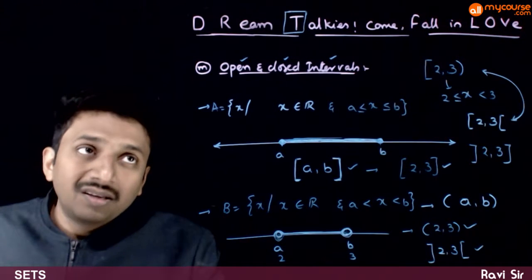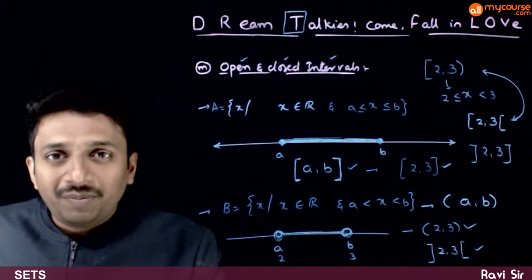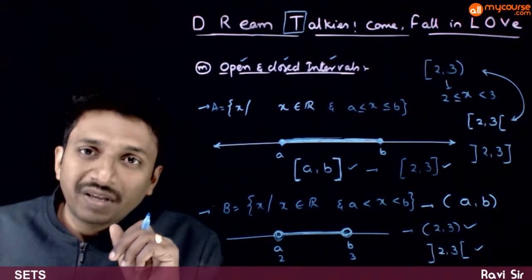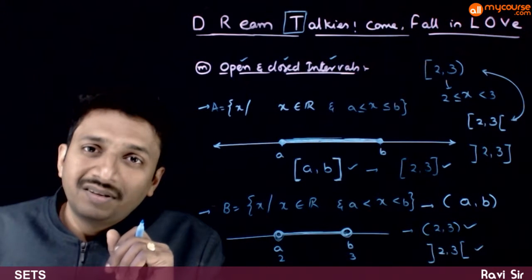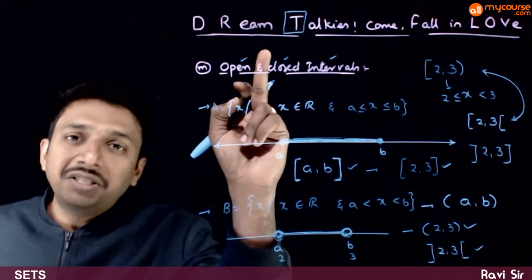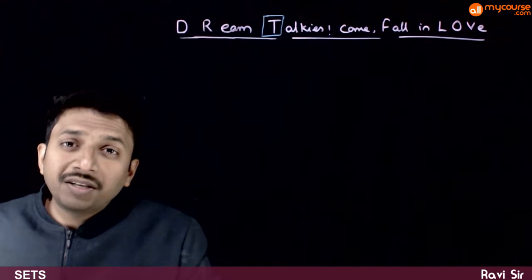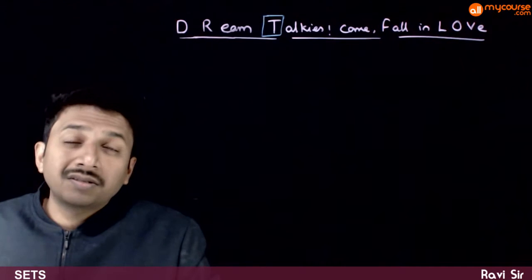So now let us see some of the types of problems that might be asked in the first 3 topics: DRT, definition, representation and terminology topics. So I hope you have understood the first 3 topics.